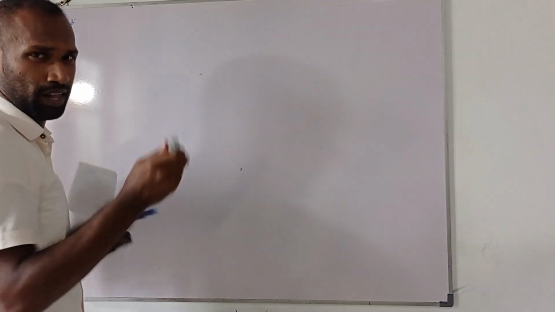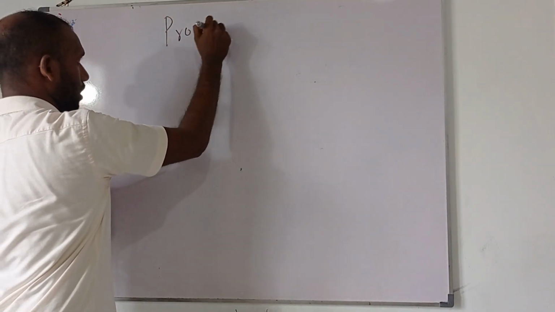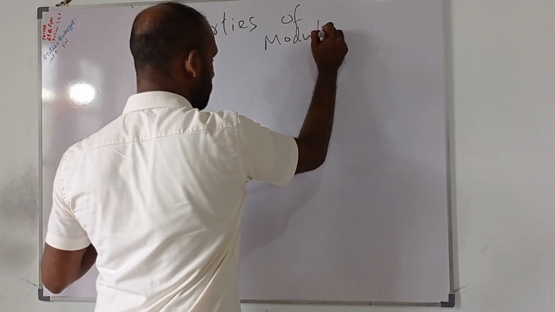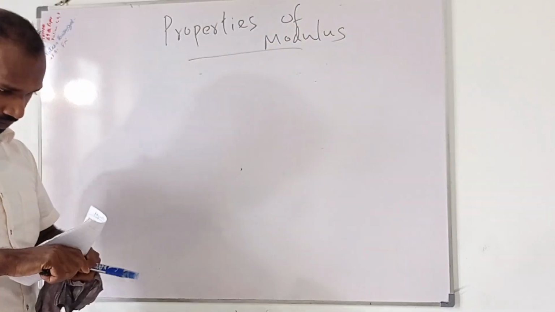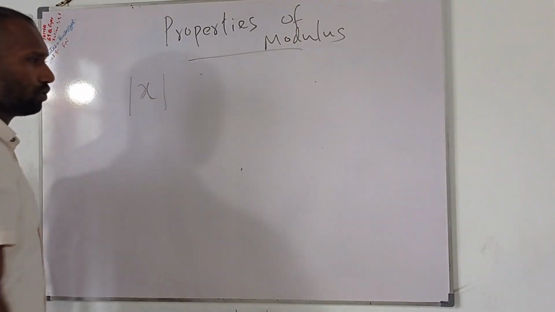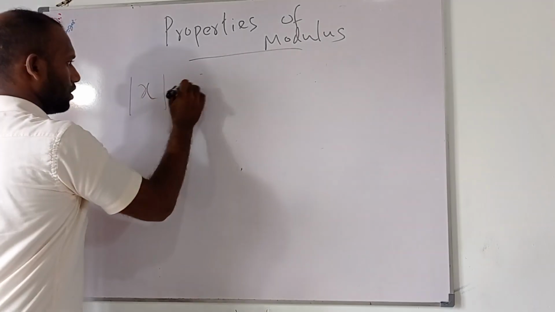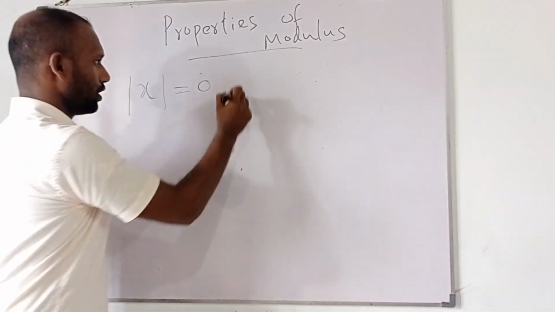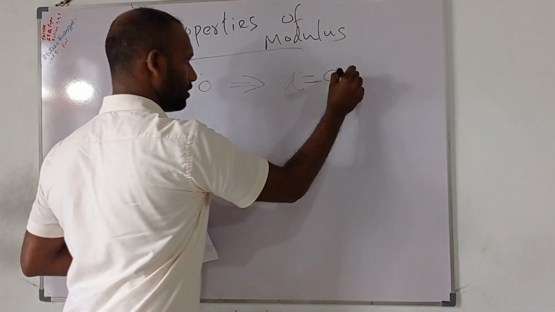Then properties of modulus. So x is any complex number, modulus of x equals 0 implies that x equals 0.